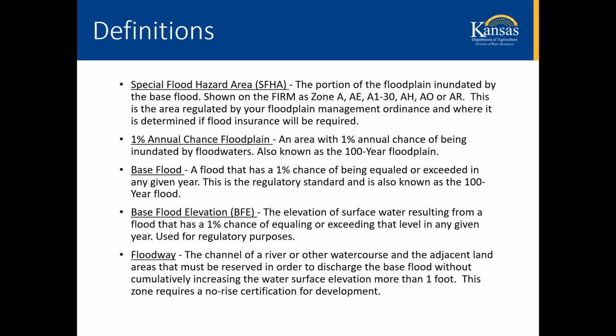So that is mapped out as Zone A, Zone AE, AH, AO, or AR, and we can go through those. A1 through 30 is an outdated way of mapping the A zone, but it is on some of the older maps that we have. So the area that we regulate through the floodplain management ordinance and where the mandatory purchase requirement for insurance applies.